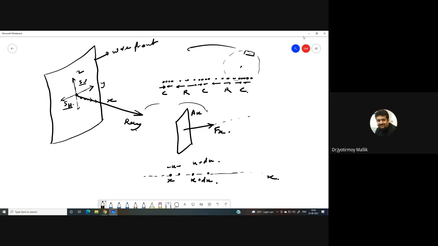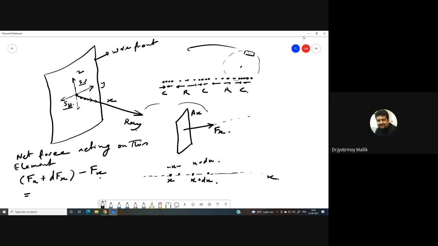So the net force acting on this element that we have just defined will be Fx plus dFx minus Fx, and that is nothing but dFx.